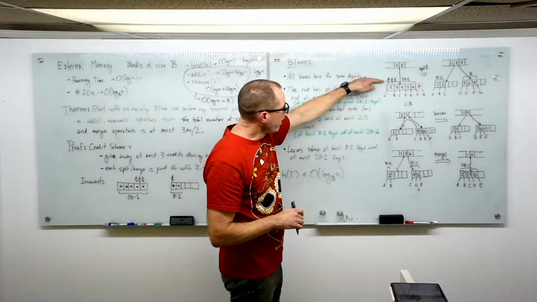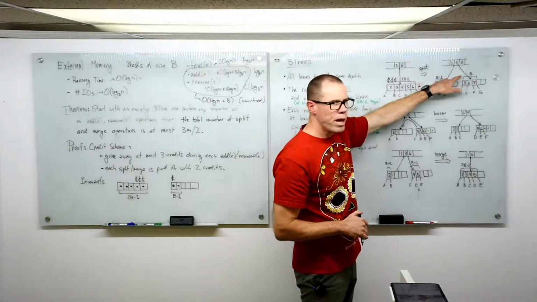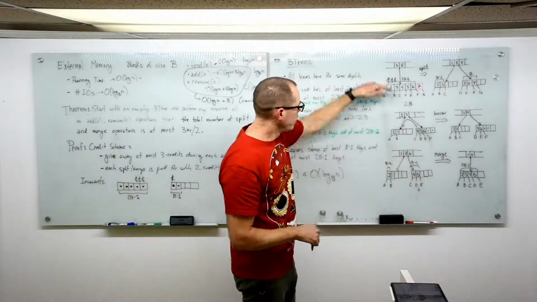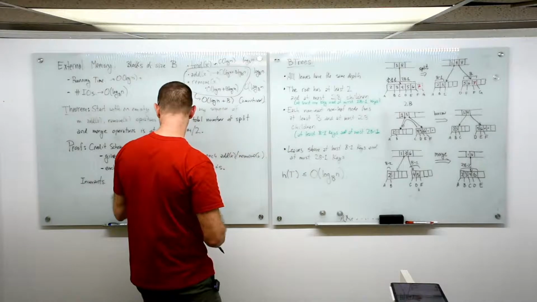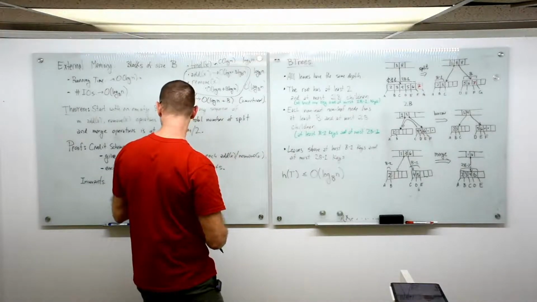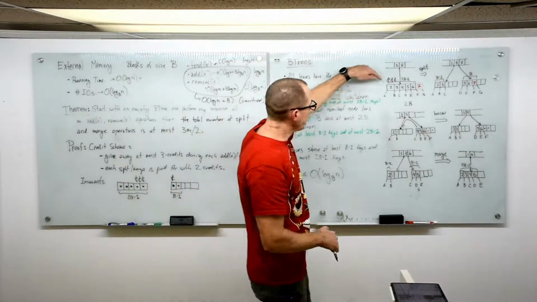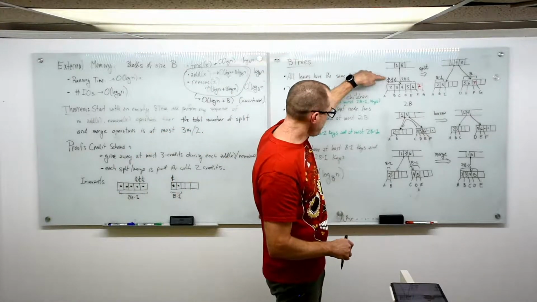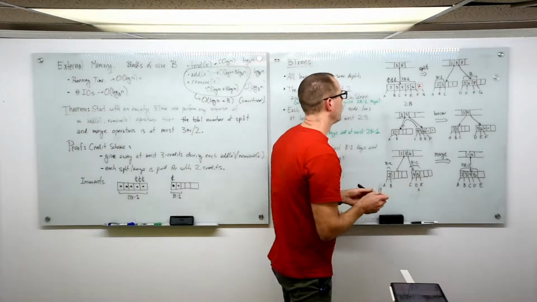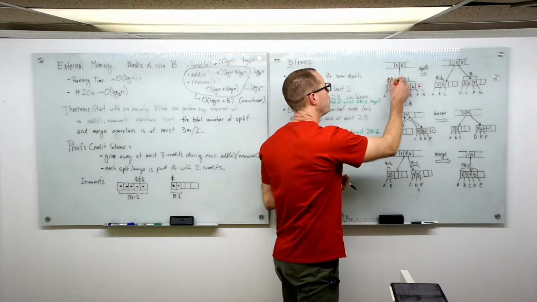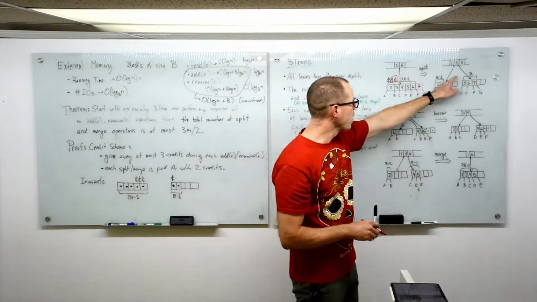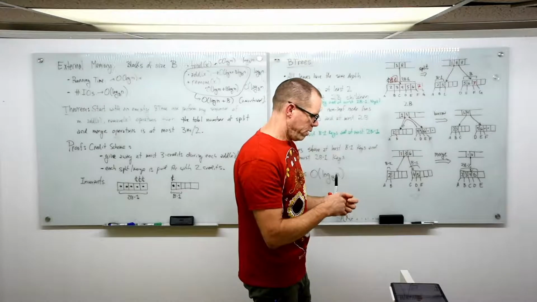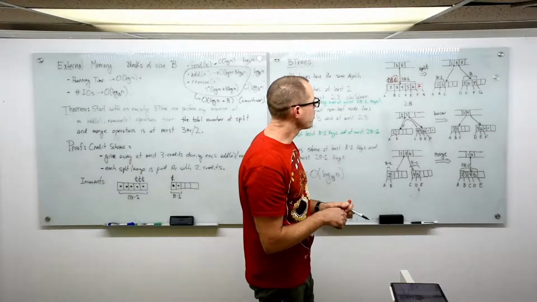Now, when I do the split, I have to pay for that. Well, what did I say? You will pay with 2 credits. So when I do the split, that's going to use up 2 of my credits right away. I have to use those to pay for the split. That's what's happening here. And after the split, what do I have?